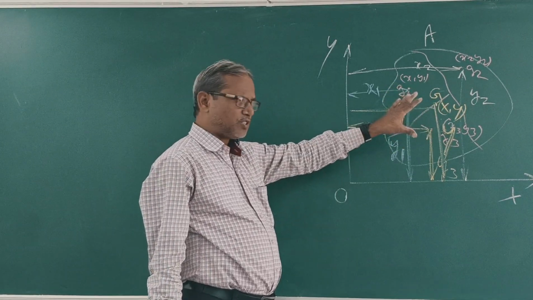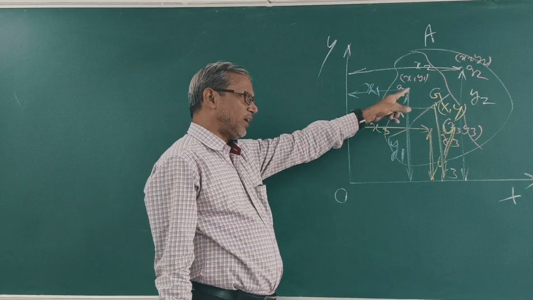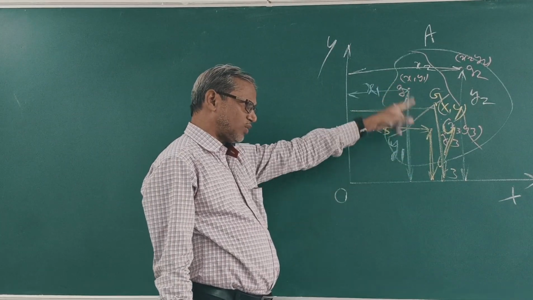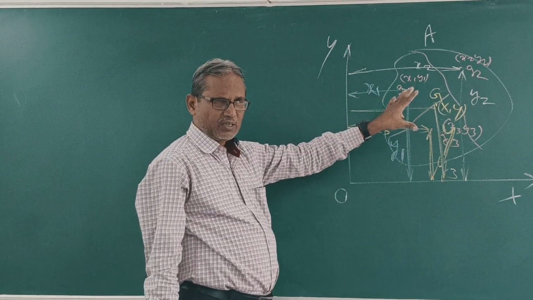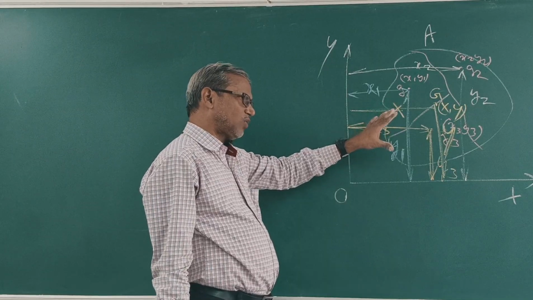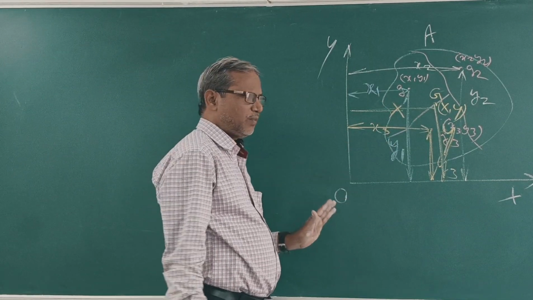Suppose 3. So G1, G2, G3 have coordinates x1 y1, x2 y2, x3 y3, the coordinates of the centers of the split areas. Now we find the moment of inertia about the x-axis and the y-axis.